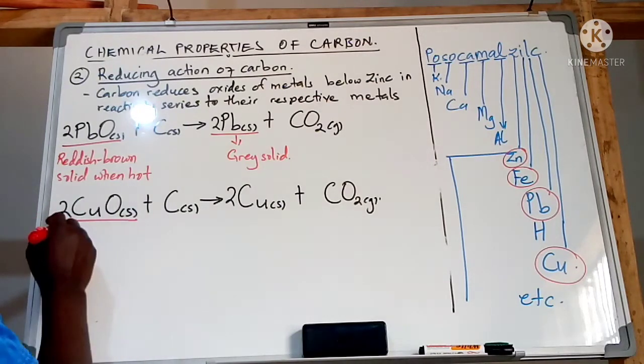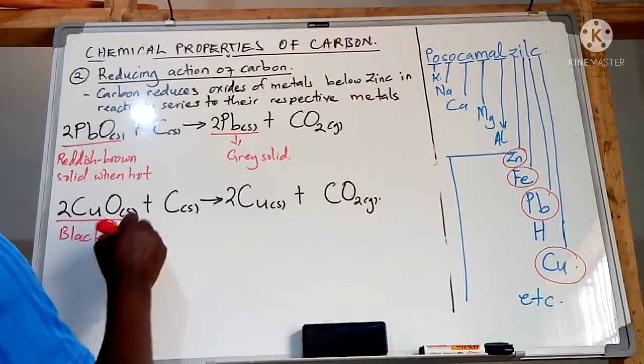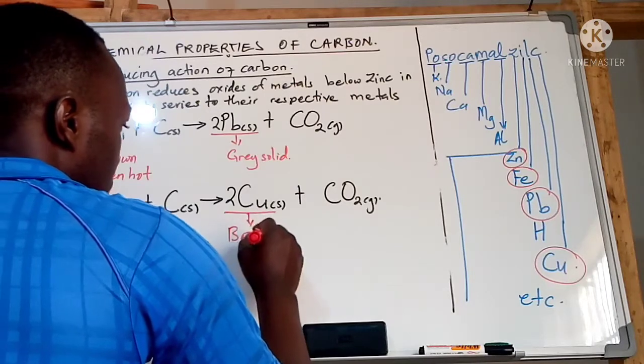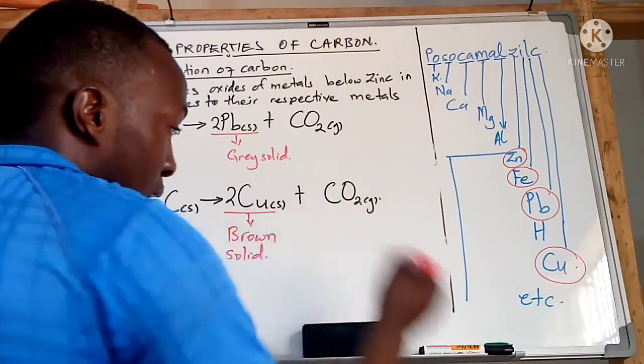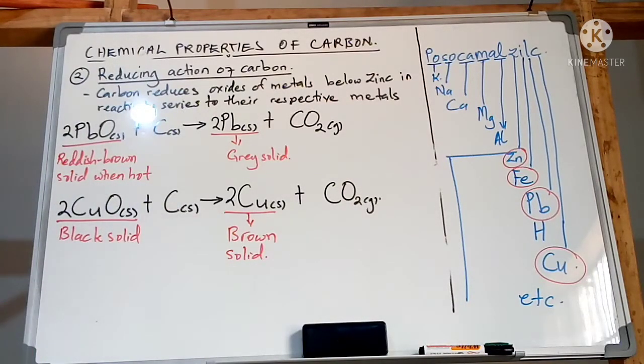This oxide here is black, so we are going to be seeing a black solid turned to, for girls here, they should be knowing copper girl. So this is a brown solid, copper girl. Because copper girl is brown, likewise, it demonstrates the color of copper. Then add on colorless gas that turned lime water milky.